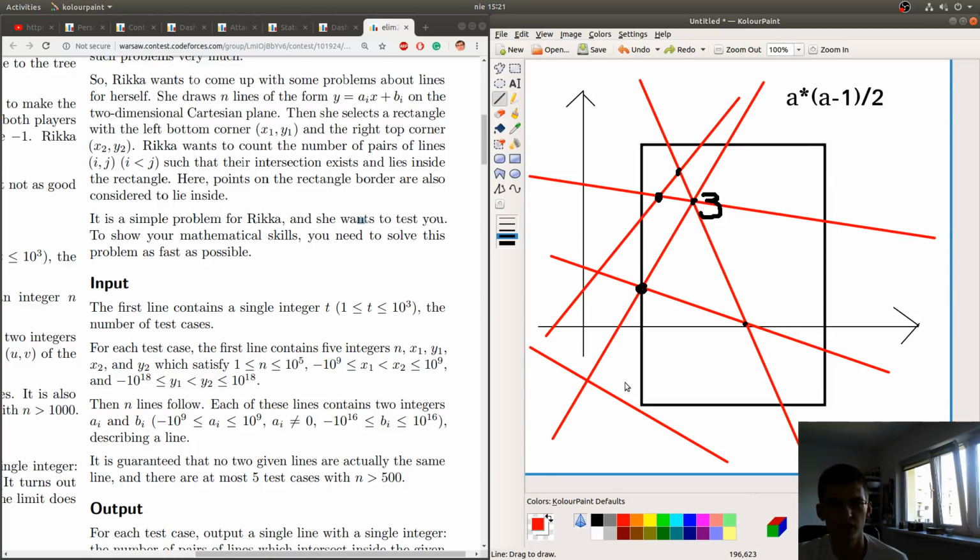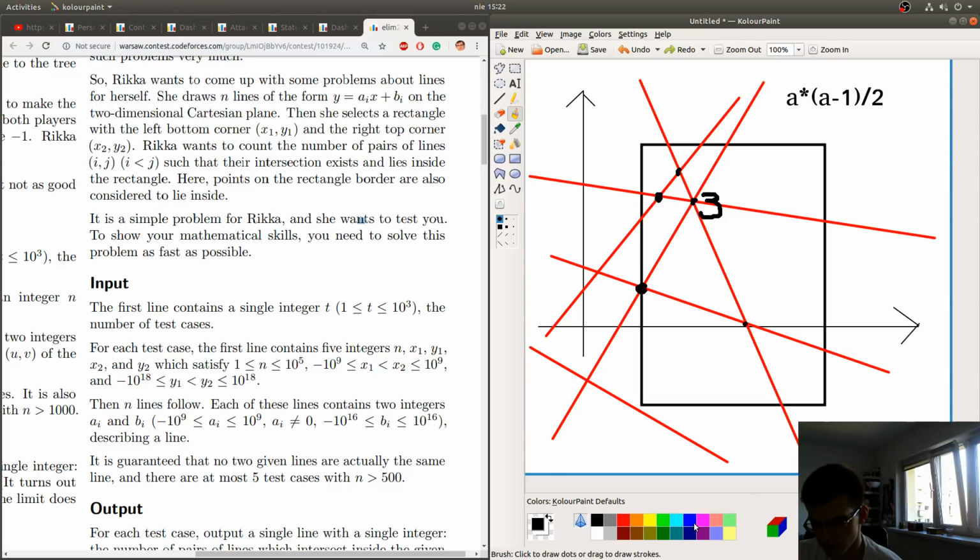It doesn't matter, because it doesn't say anything about the number of intersections of lines inside. So the only other thing we can do reasonably in time is finding intersections of lines with the rectangle.